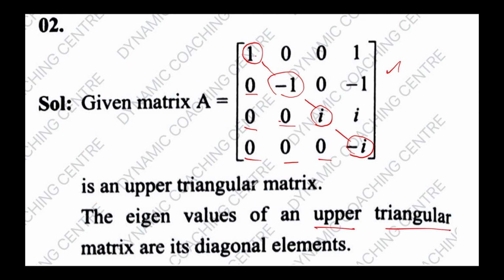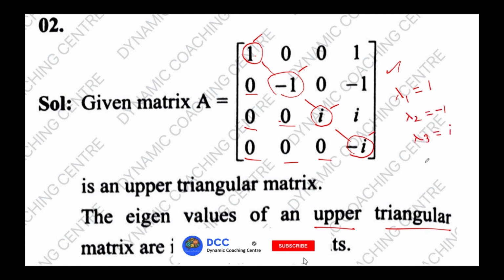Since it is upper triangular, the eigenvalues of the upper triangular matrix are only the diagonal values, right? So I can say that the eigenvalues are lambda 1 equal to 1, lambda 2 equal to minus 1, lambda 3 equal to i, and lambda 4 equal to minus i, right?